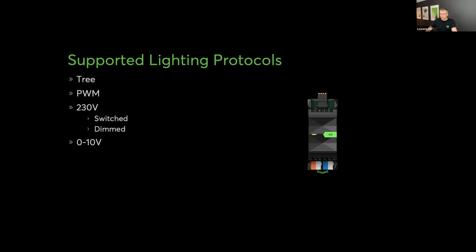So with 0 to 10-volt dimming, it's worth remembering that sometimes 0 volts doesn't actually mean off. 0 volts could mean the lowest dimming level. So you may need to allow for a relay as well. So this is another option of controlling lighting. It's not as common. Sometimes on more luxury fittings, you'll find it, but it's not as common as the other options.